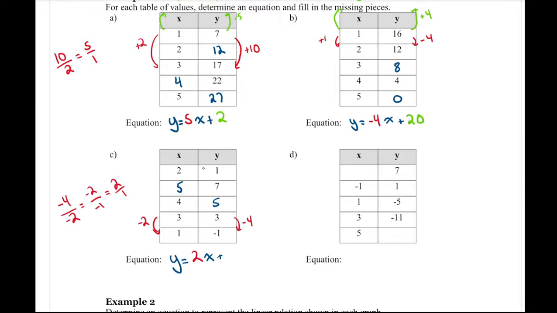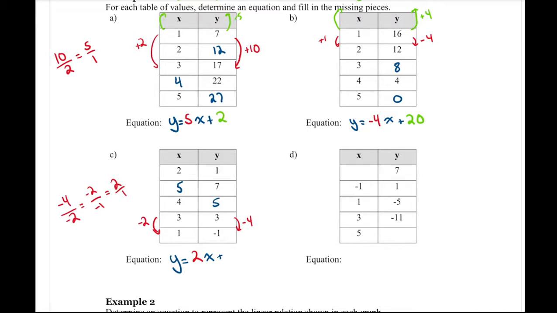So we could use that or take this point and plug it in between and just basically rewrite our table to better see that value. And again, you could rearrange these points or values in the table if you wanted to, just to make it a little bit easier to see the pattern, as long as you keep them paired up correctly. So the 2 and the 1, the 5 and the 7, and so on.